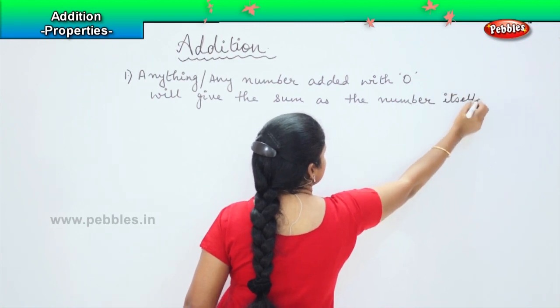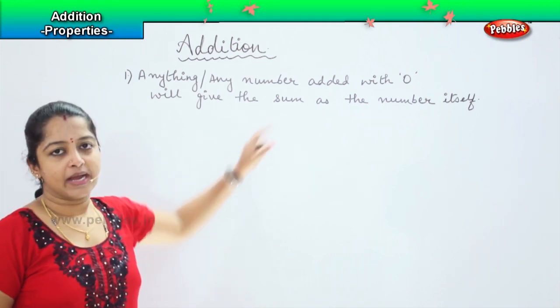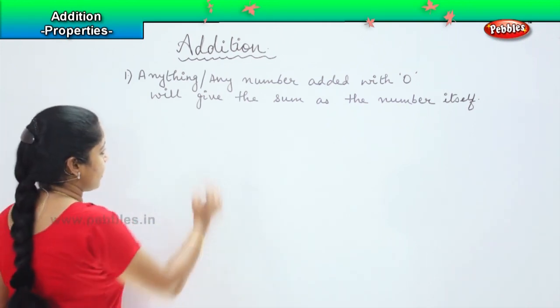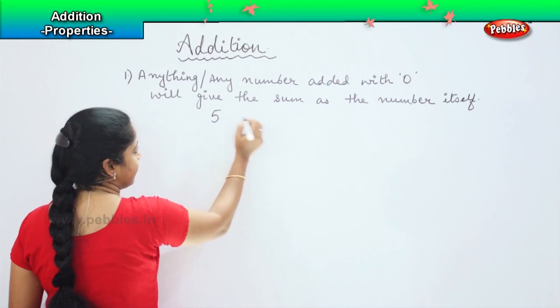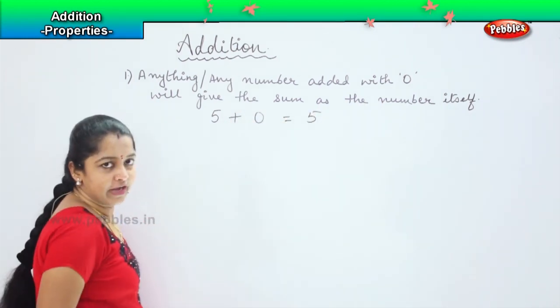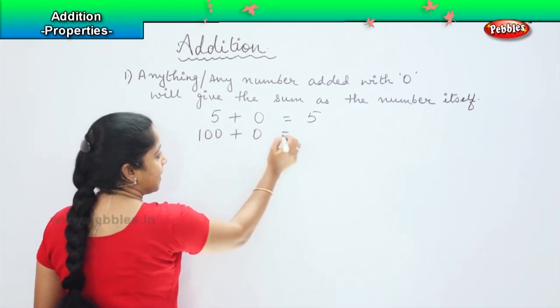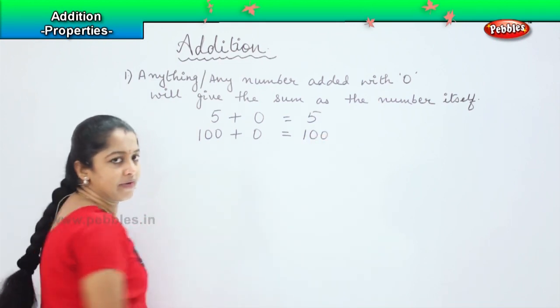So what does this mean, children? If I add any number with 0, my answer will remain the same. For example, if I add 5 plus 0, my answer will be 5. If I add 100 plus 0, my answer will be 100 itself.